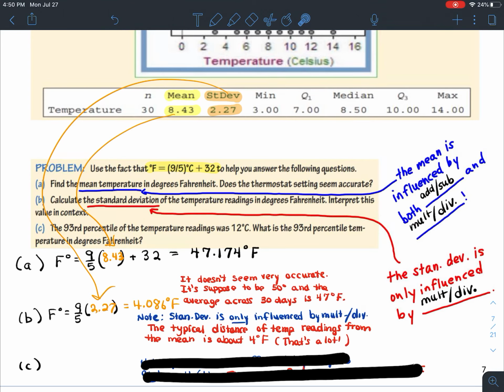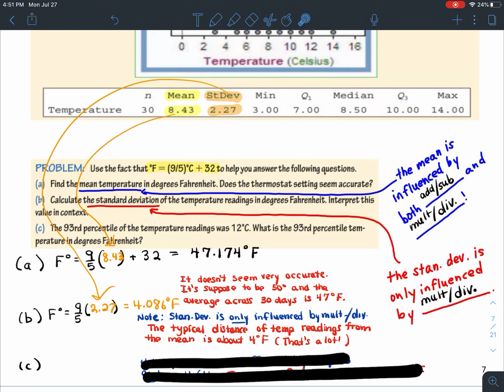So once again, notice that standard deviation is only influenced by multiplication and division. Here is my interpretation. The typical distance of the temperature readings from the mean is about 4 degrees Fahrenheit, which feels like a lot. That's a lot to sway back and forth from the mean, the typical distance.